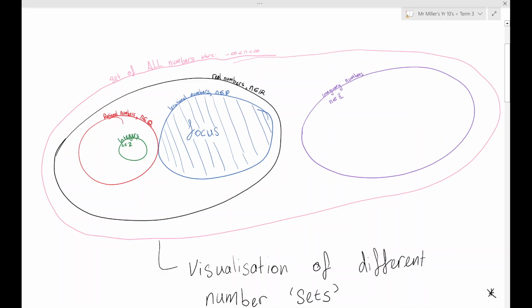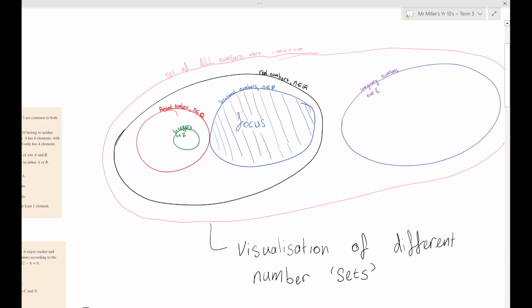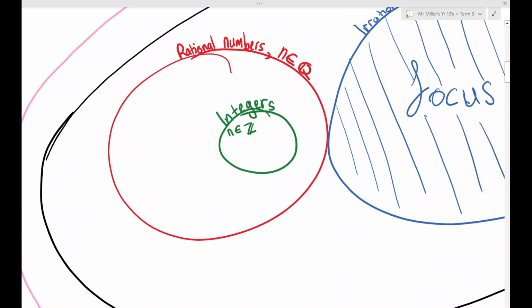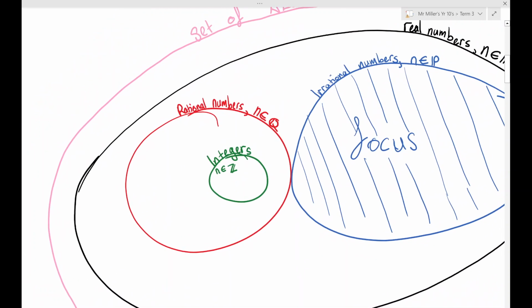So yeah, I hope this diagram paints the picture okay. A set in mathematics is just like a region in the mathematical plane that contains a particular type of number. And you see that these sets have relationships with each other. For example, I can see that my integers exist inside my rational numbers. I can see that my rational numbers and irrational numbers are mutually exclusive. They don't intersect, right?